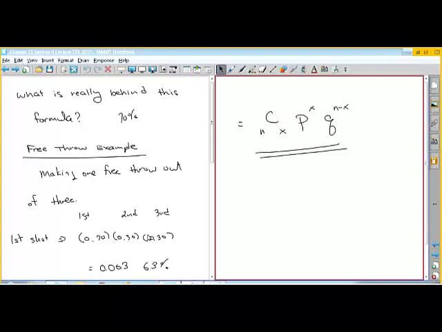I can have it being the second and third roll. I can have it being the first and the third roll. There are 3 possibilities. So this tells you how many of these arrangements there are of getting the required number of successes. And then each one of these, you can see, has the same numbers. They're just in a different order.